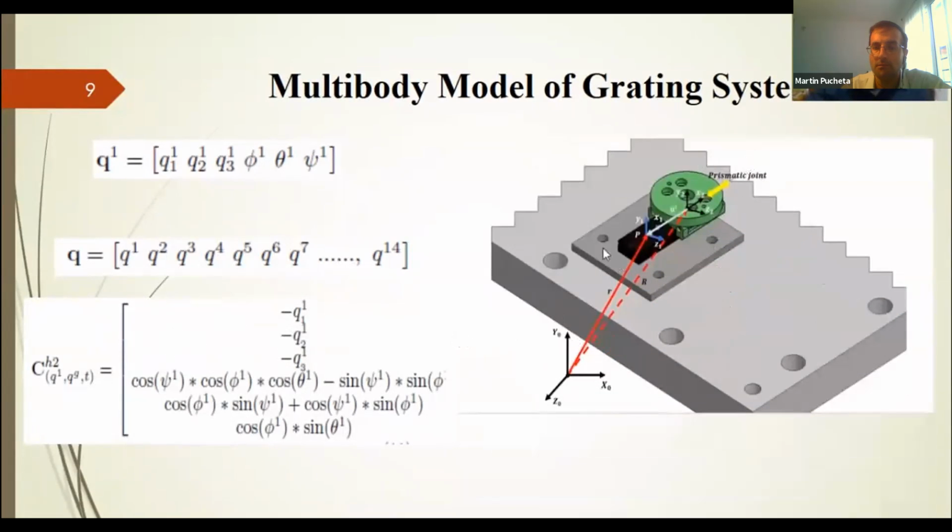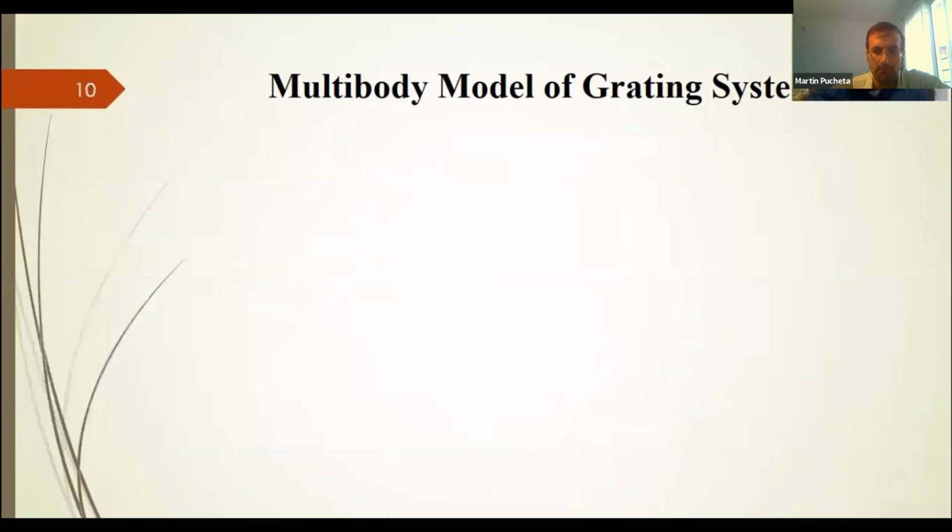Also, the prismatic or translation joint can be defined similarly to the fixed joint by defining points on the axis of translation, defining this point with respect to the first body and this point with respect to the second body, and deriving the constraint equation for the prismatic joint.